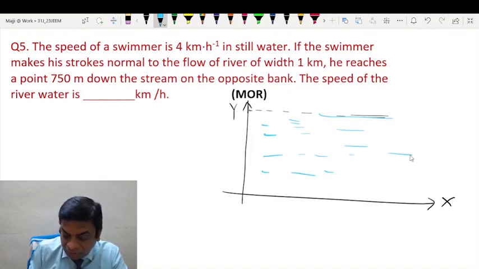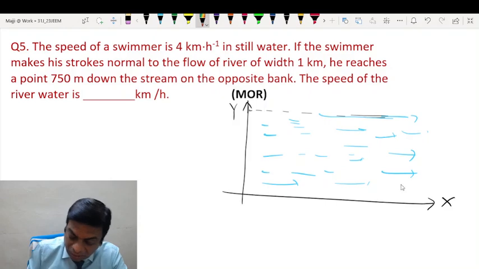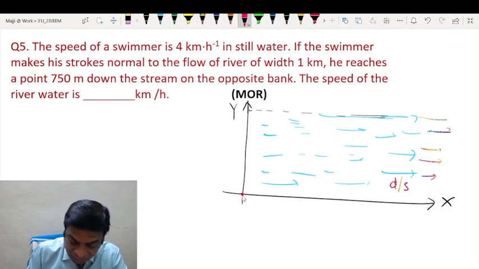So what is flowing along in this direction, along the x-axis? That is known as the downstream direction. The downstream direction is the direction in which water flows, right? So let us say that the swimmer starts from point O and he finally reaches here.